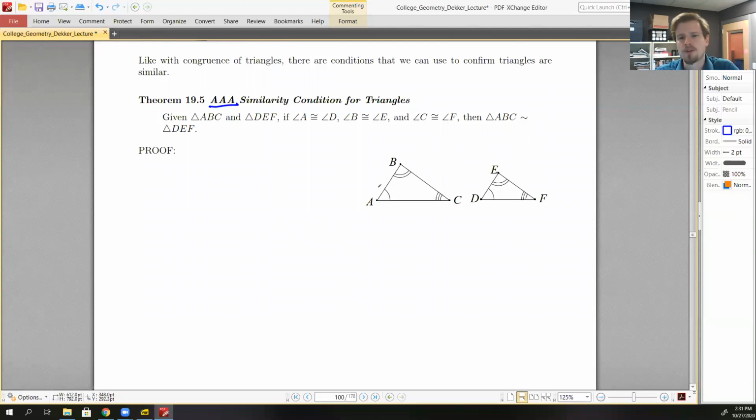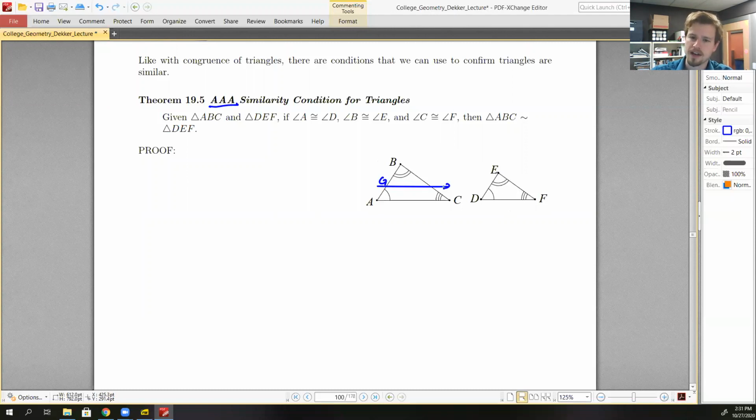When we do that, we can find a line parallel to AC, and we'll use the point G. If I choose this point G carefully, such that the distance from B to G is the same as the distance from D to E, then I get that this triangle and that triangle are congruent. So I get the equality of side lengths, which I would like to have.